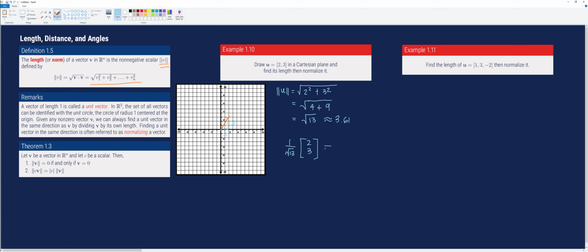This is equal to 2 over square root of 13 and 3 over square root of 13. Simplifying the expression gives us 2 square root of 13 over 13 and 3 square root of 13 over 13.